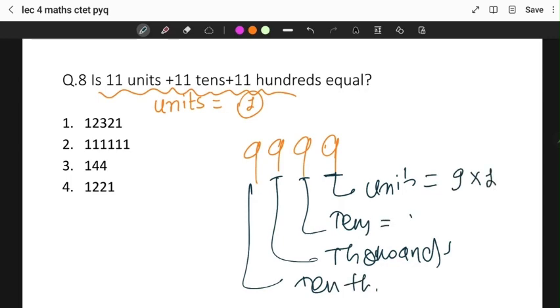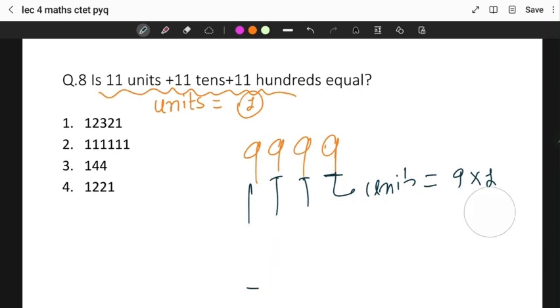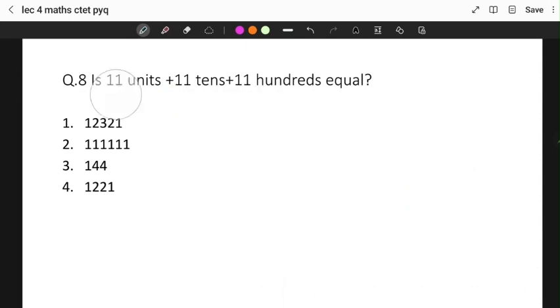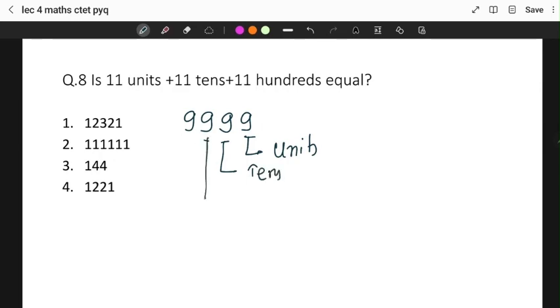Tens place is considered to be 9 into 10. Hundreds place it should be, this should not be thousands place. Sorry, I made a mistake. I'm sorry for this. This is considered to be the units place, this is the tens place, and this is the hundreds place, not thousands. And this is considered to be the thousands place.